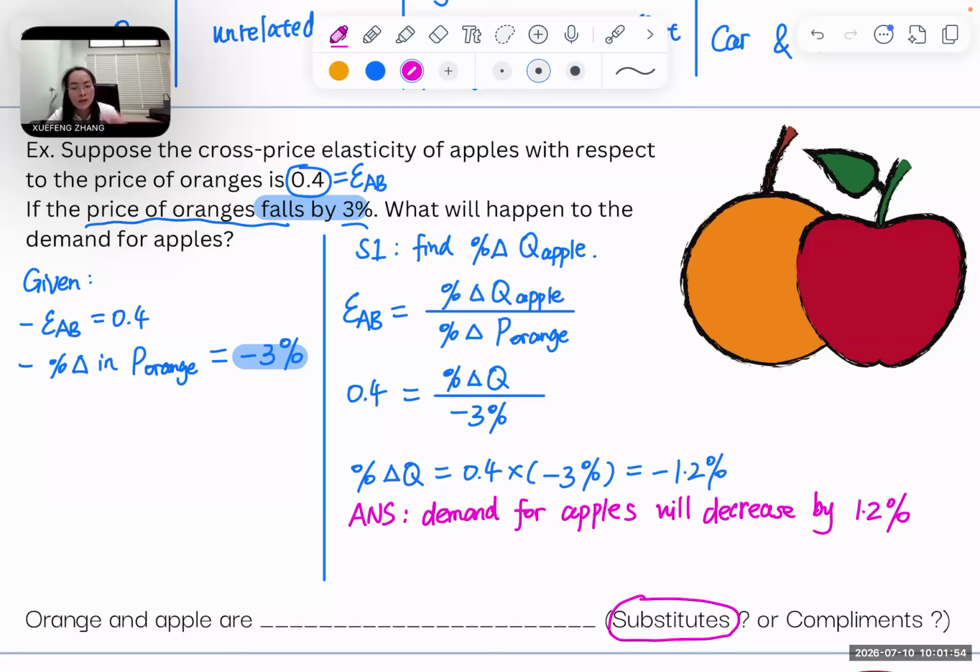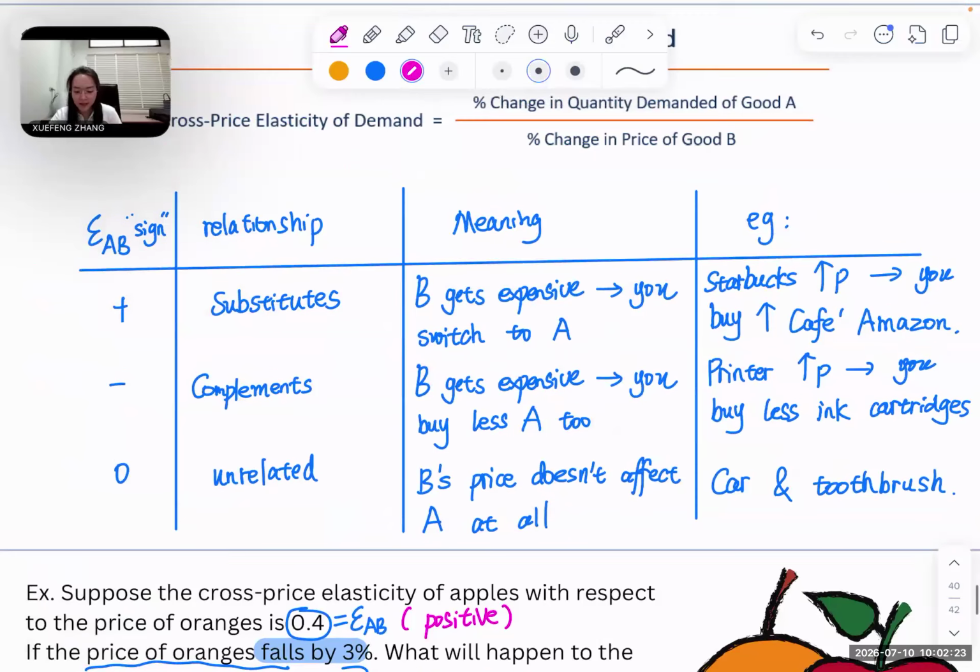So they need fewer apples now because they're already getting fruit from orange. That's why apple demand falls 1.2%, all right? And another thing, look at the epsilon, which is 0.4, okay? It's positive. Confirms they are substitutes. Go back here, positive substitutes, right?